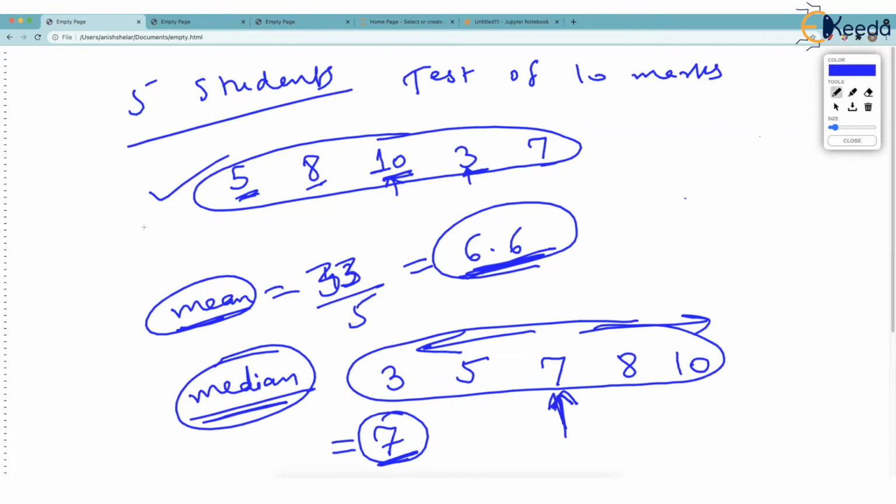this quantity, mean, is sometimes very, very dangerous, at least for data analysis. Say 5 students appeared in a test of 10 marks, and while inputting the data 5, 8, 10, 3, a value was mistakenly entered as 70.